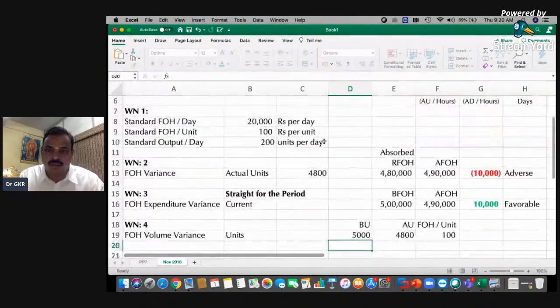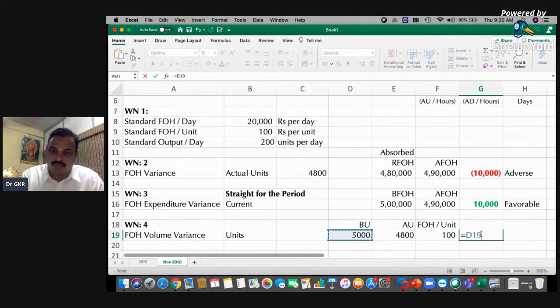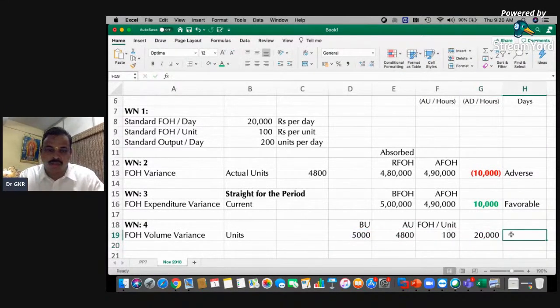Instead of 5,000, you have only manufactured 4,800. So 200 units you have manufactured less in the current month. So 200 into 100 is how much? 20,000. So 20,000 adverse.